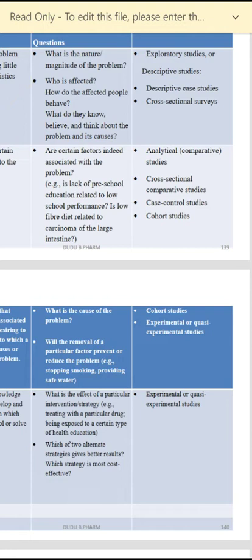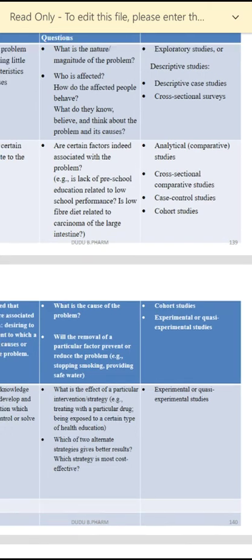In cohort studies, we said you take individuals who are exposed to the risk factor and some who are not exposed to the risk factor. Then you compare. We have seen what we do in analytical comparative studies, cross-sectional comparative studies, and case control studies. So the questions that come into your mind after seeing the problem are what give you the research design.